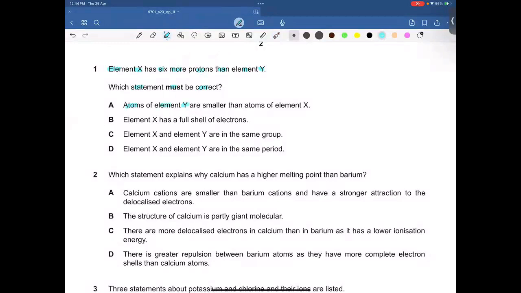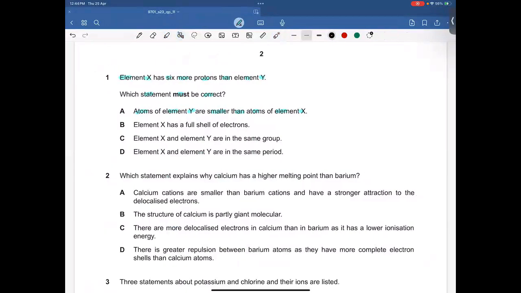Atoms of element Y are smaller than atoms of element X. Let's take an example here. We have done period 3 in the class, and in period 3 we have done atomic radius.